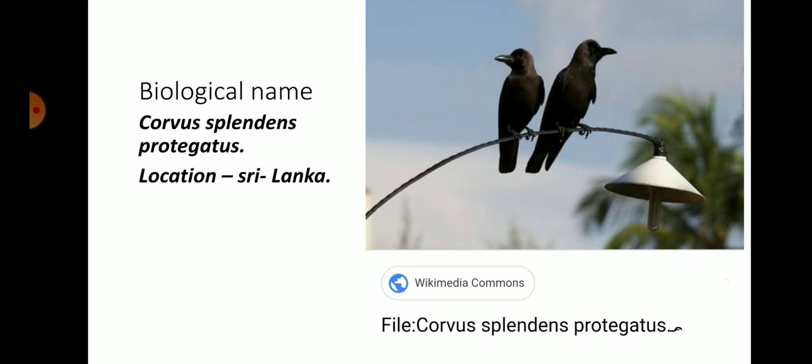So the location and minute changes in morphology distinguish the organism from one species to another. The full scientific name of a subspecies is therefore the trinomial name, consisting of three names: the genus, species, and subspecies.